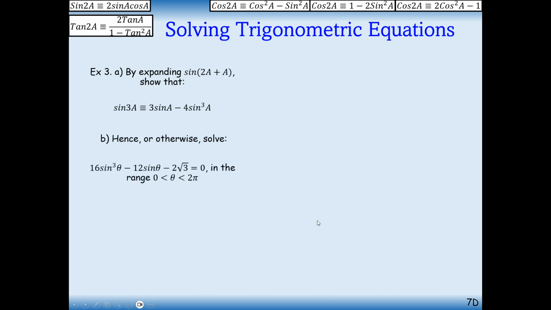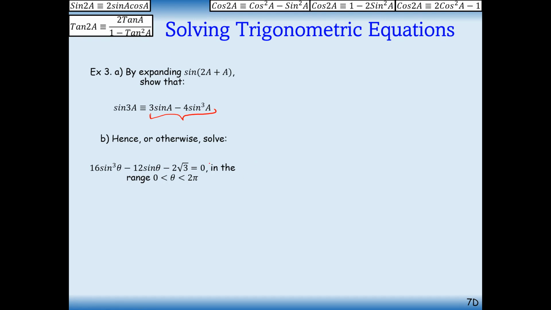Part B of this question is to solve this rather menacing looking expression, which is not quadratic, it's a cubic in terms of sine. But somehow we have to use this expression here and try to use that to come up with 16 sine cube.